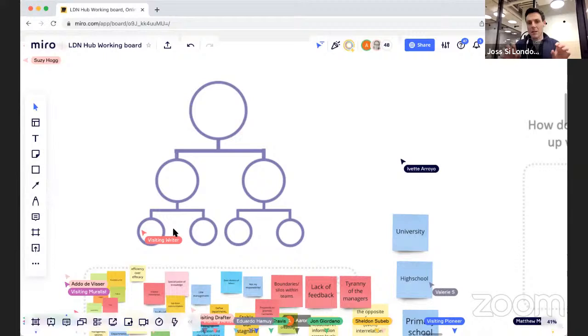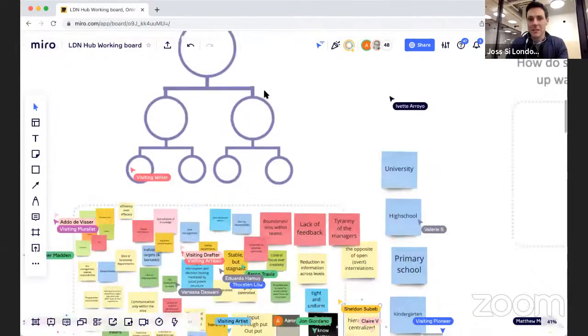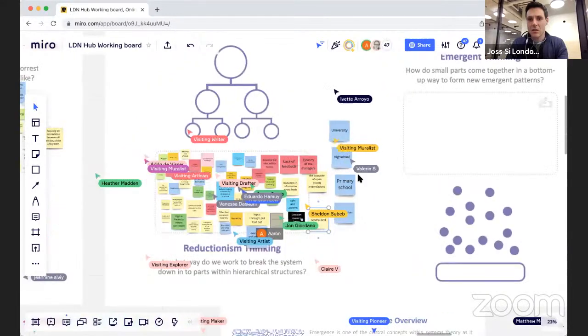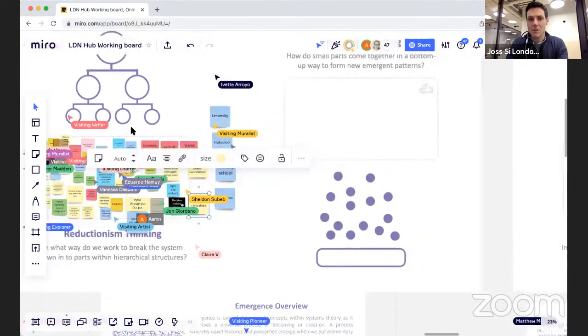We add the parts up and combine them into larger ones in an additive way. And it takes this hierarchical form, which is quite different to when we take an emergent approach.